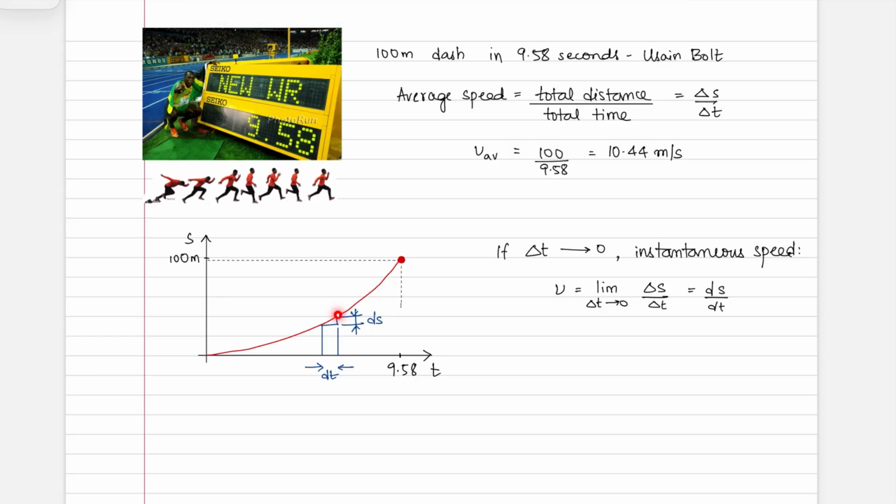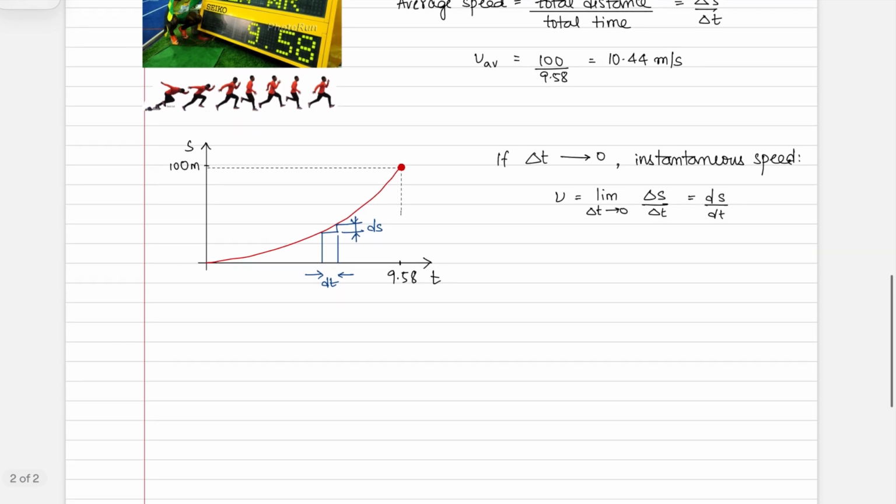That is the slope here. So if this dt were to go down to 0, essentially you're looking at the slope of the tangent at that instant.